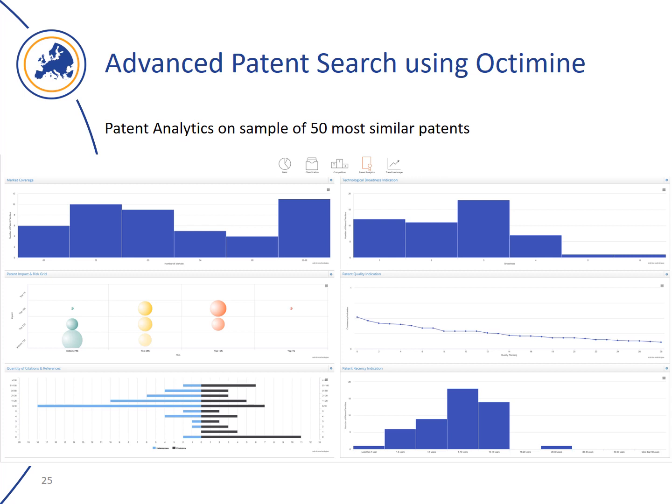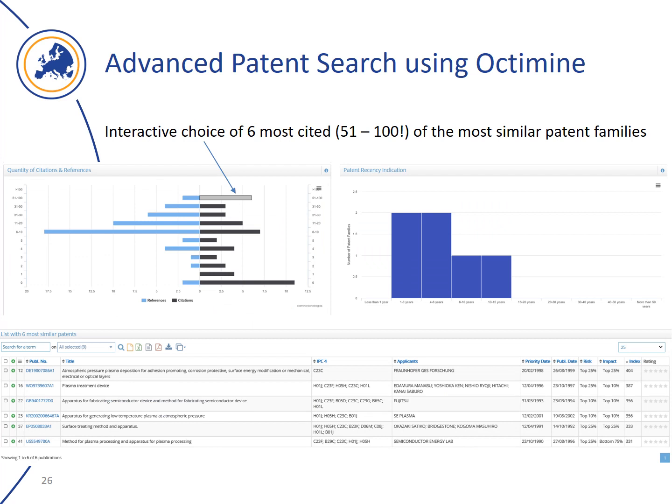To the left are the references, to the right are the citations, and in the uppermost line we are already talking about more than 50 citations for patents, which is a very high number and shows that these 6 patents are very much cited and can be considered as very important patents in this technology field.